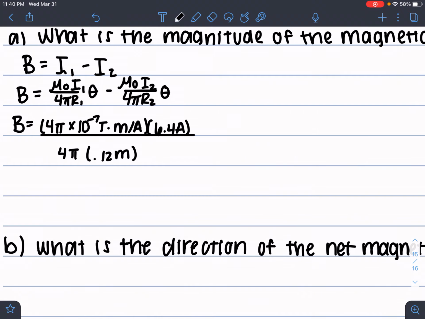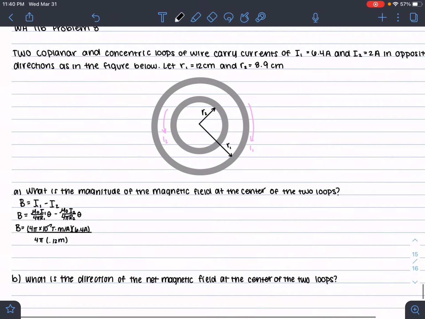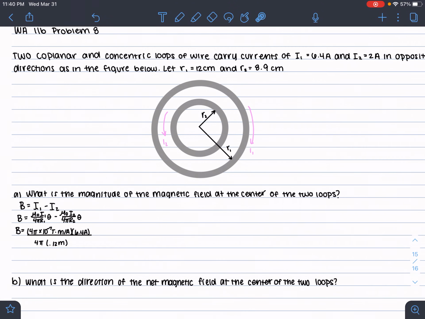Times, for theta, since we're looking at the whole entire loop, it's going to be 2 pi, since when we look at something like the unit circle, for the whole circle, it's 2 pi.